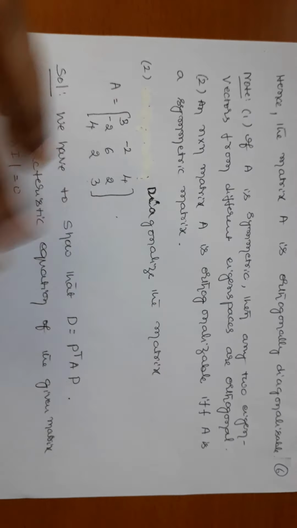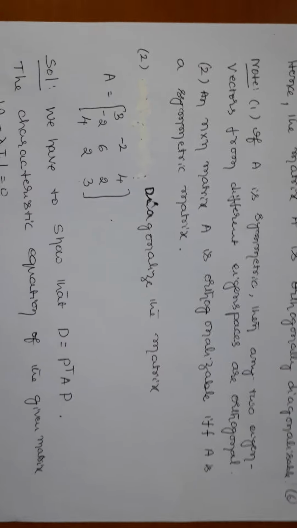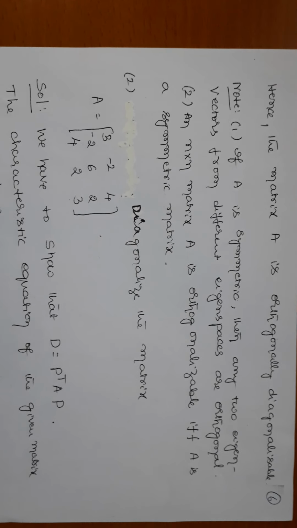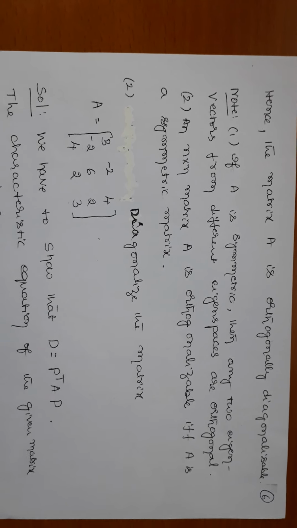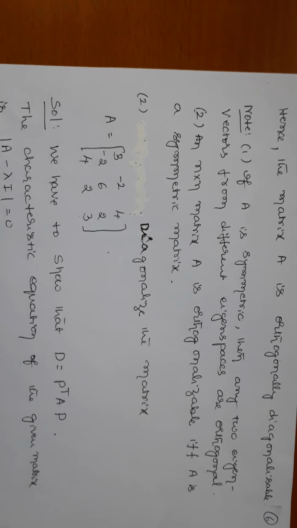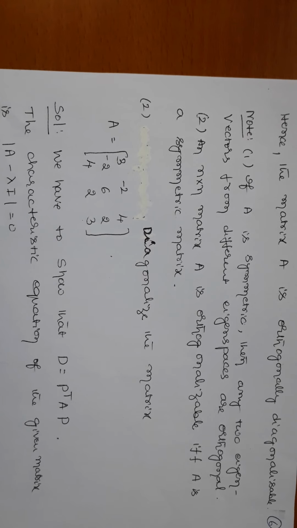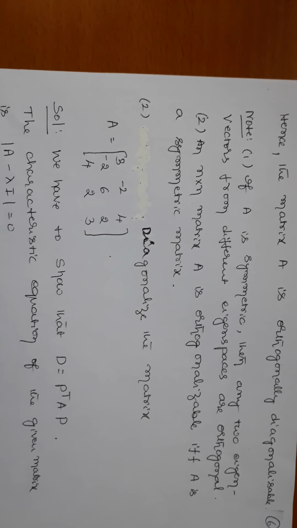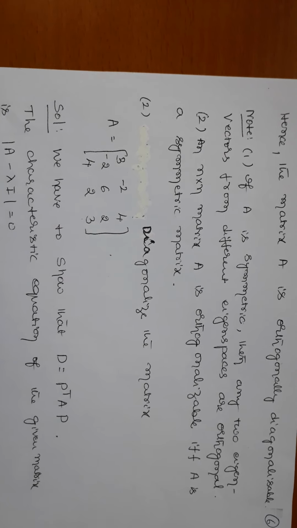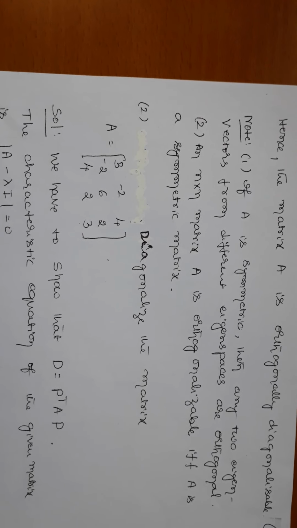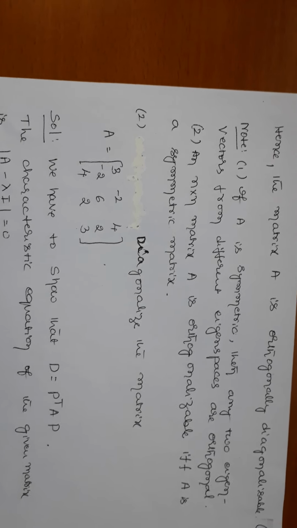All the vectors are linearly independent means the inner product of the vectors must be 0, then we say they are orthogonal. Orthogonally diagonalizable is nothing but if and only if the matrix is symmetric. If it is symmetric, then the eigenvectors are orthogonal, and we say the matrix is orthogonally diagonalizable.